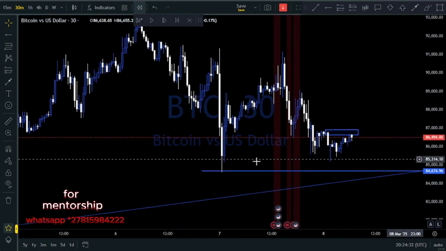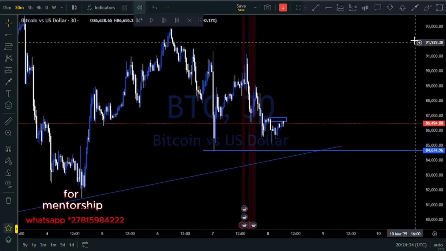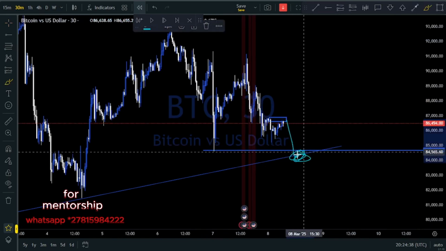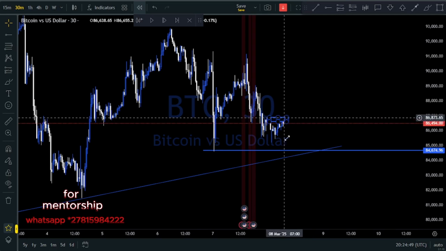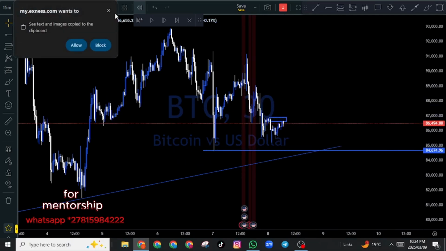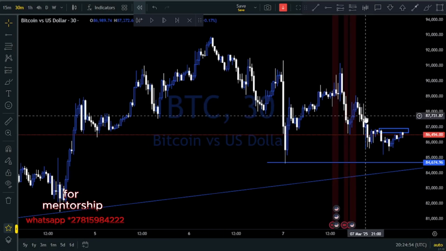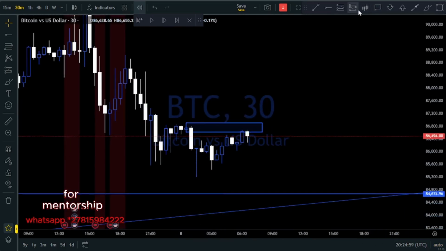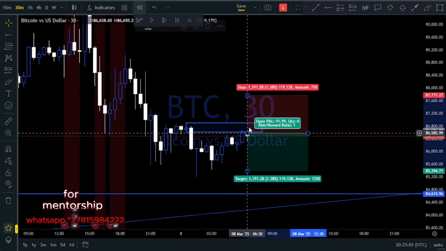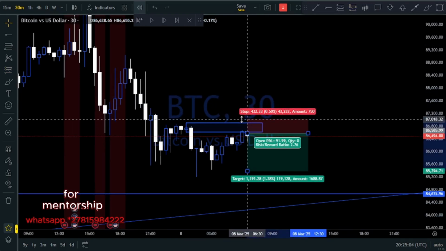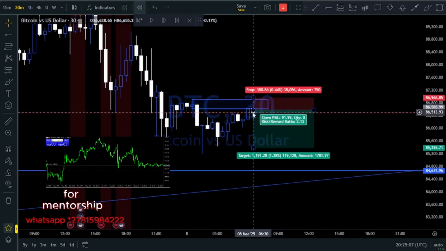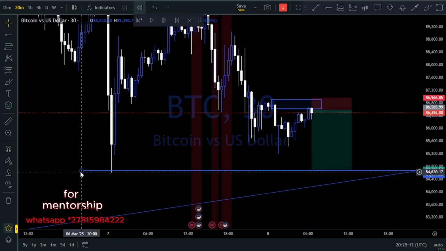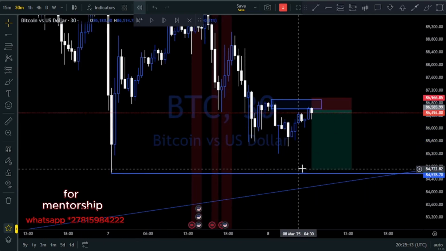So with me expecting the market to come test this trend line, I knew that I can take sells and move all the way down. So what I did is I took an entry here, somewhere here, and my take profit was here on this low.